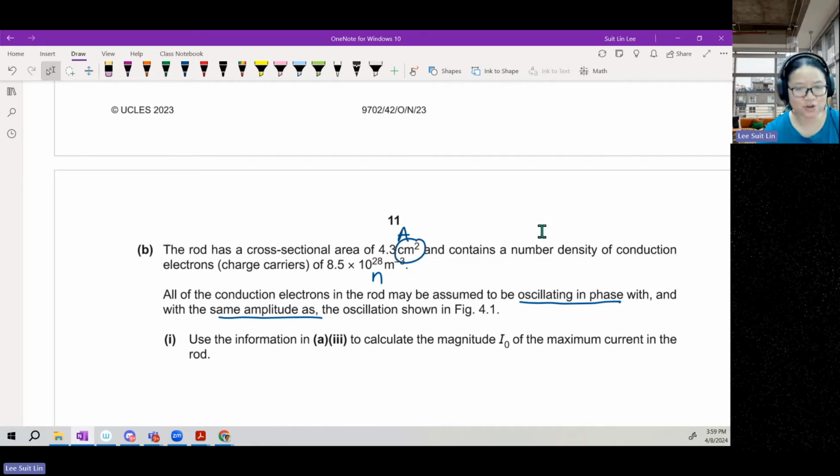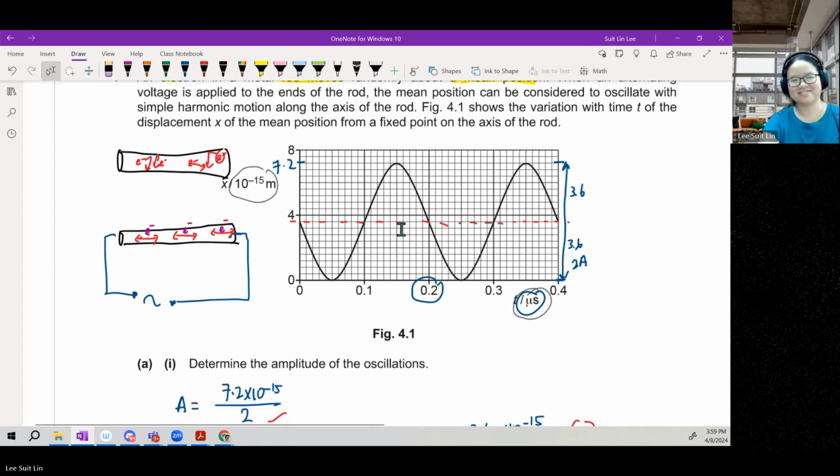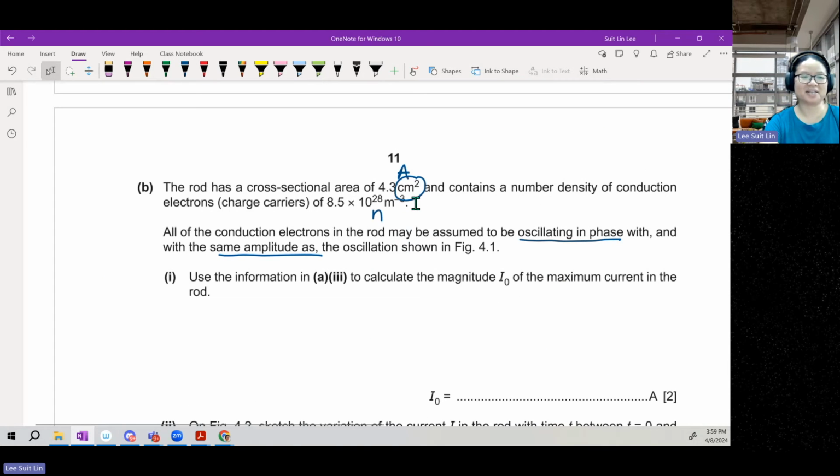So all the electrons move exactly following this graph. Magic, okay? So basically we can assume all the electrons are identical, meaning they will have the same V naught. Use the information to calculate the magnitude of I naught for the maximum current in the rod.